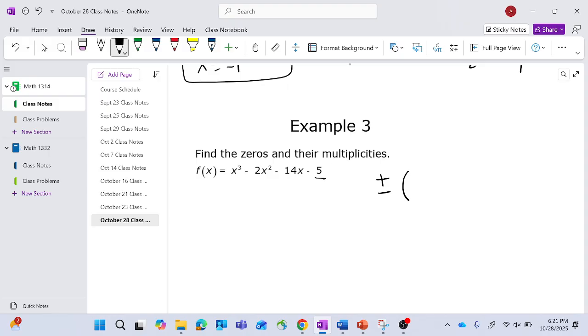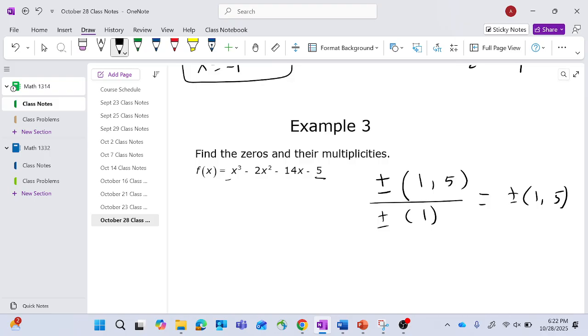That's factors of 5 over factors of 1, which is just plus or minus 1 or 5. So my possible rational zeros are plus or minus 1 and 5.